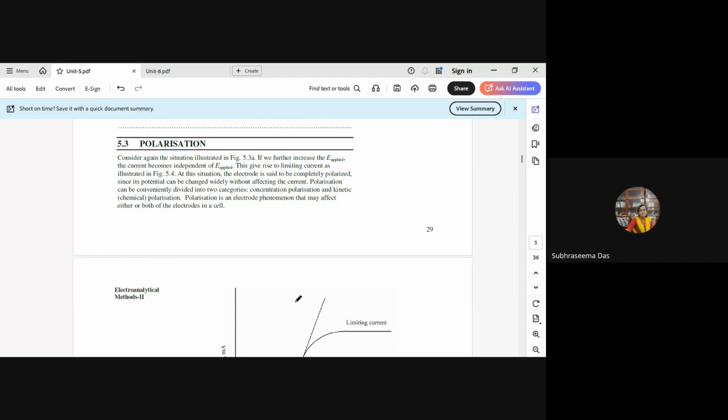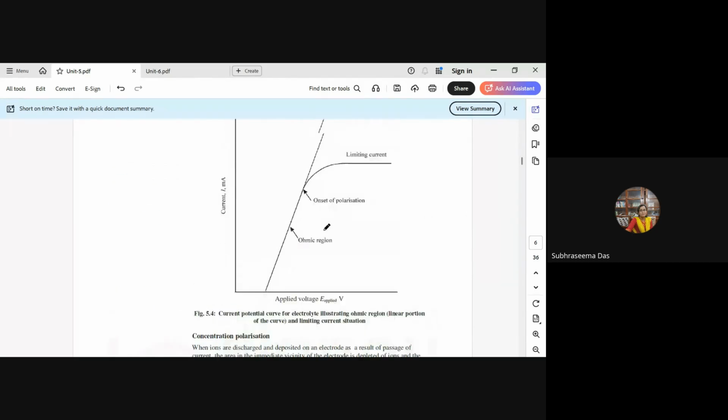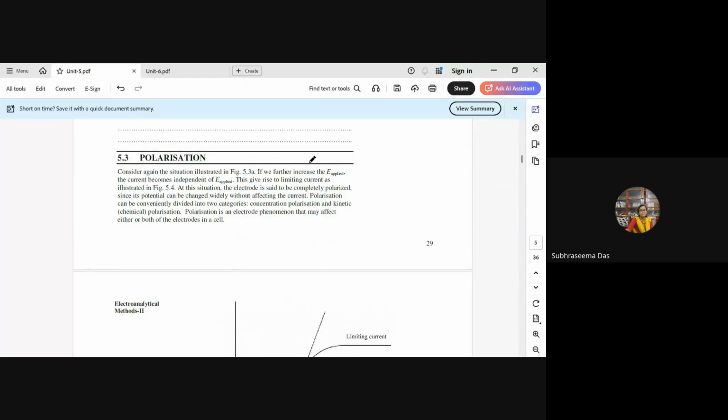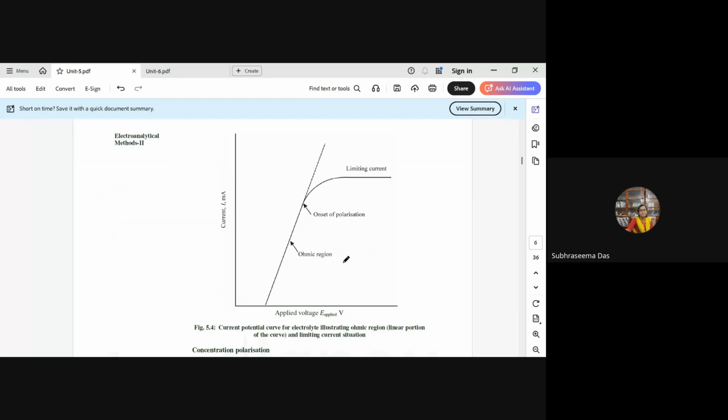Let us consider the situation that we first showed for overvoltage in figure 5.3a. If we increase the applied potential, then the current becomes independent of the applied voltage. This gives rise to a limiting current, as shown here in figure 5.4.